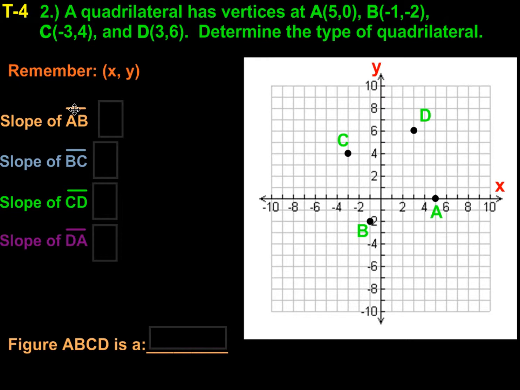Now I need to connect them. So first we're going to connect A and B. Then I'm going to connect B and C. Then I'm going to connect C to D. And lastly, I'm going to connect D to A. And we can jump right down to naming the figure.